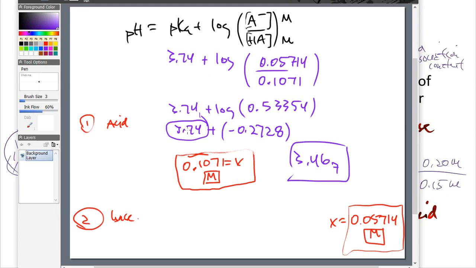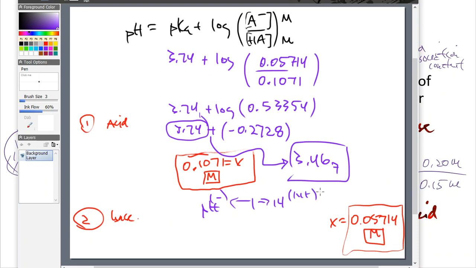Well, look at this problem. We started off at 3.74 and we're now down to 3.46. We have gotten more acidic in a way, right? I mean, think of the pH scale. The pH scale goes from 1 to 14. It actually goes below a 1. It goes negative if it needs to, and it actually goes above a 14.